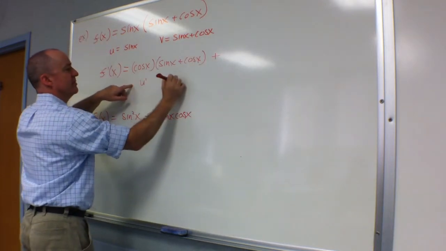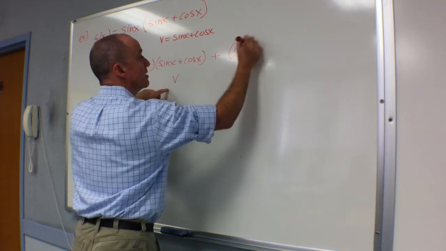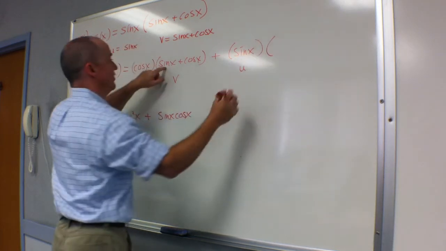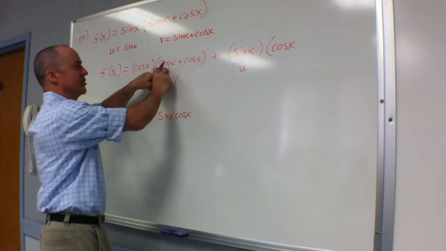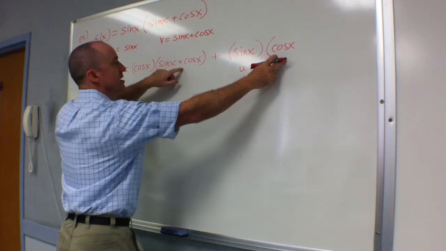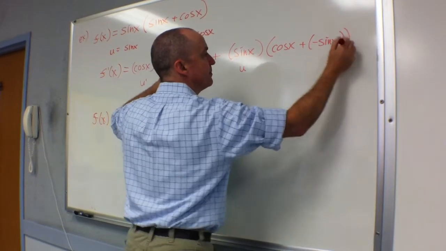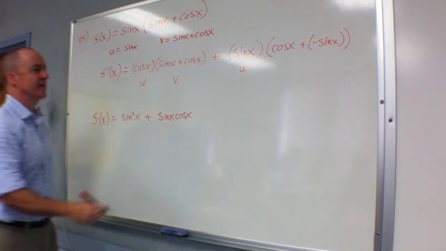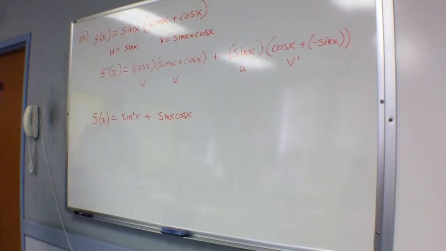That's my u prime v, plus u, which is sine x, times v prime, which is cosine x going term by term: derivative of sine is cosine, plus negative sine x. That's my u v prime. Have I derived those two terms correctly?